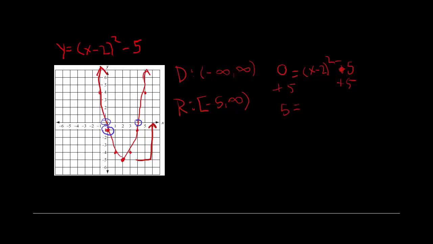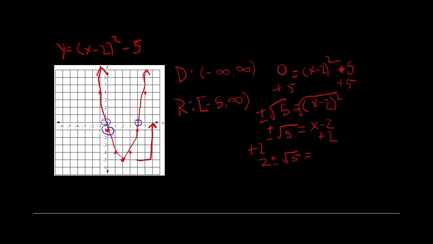And now I've got 5 equals x minus 2 squared. Now I need to get rid of the square, so I take the square root of both sides. I also have to worry about the principal and negative root now. So now I've got plus and minus square root of 5 equals x minus 2. So now I need to add 2 to both sides. So 2 plus and minus radical 5 equals x.